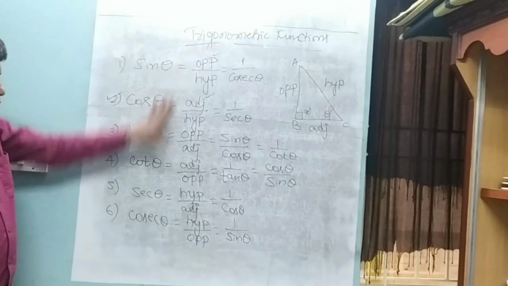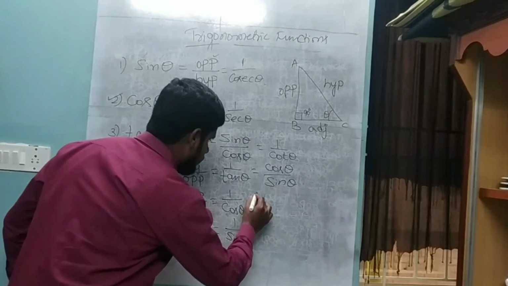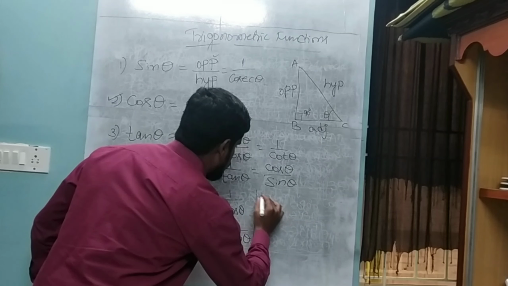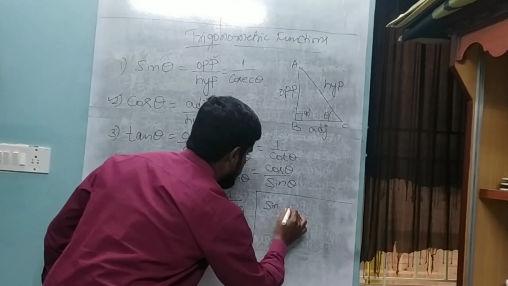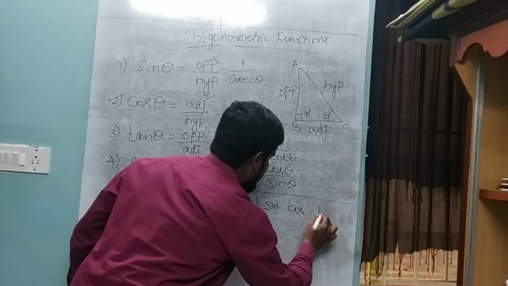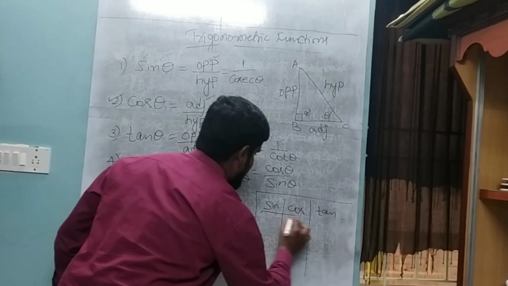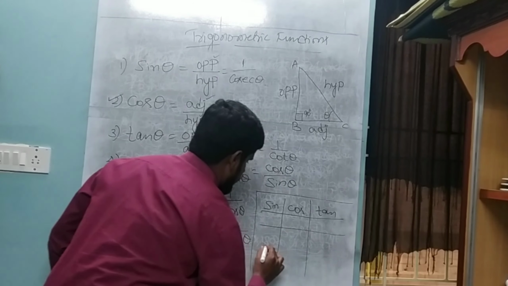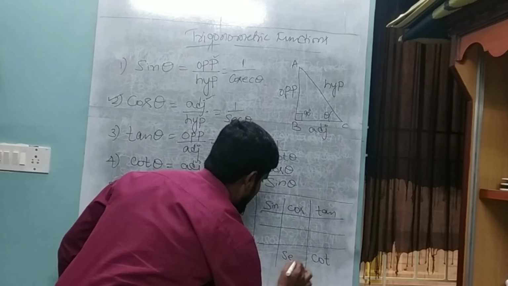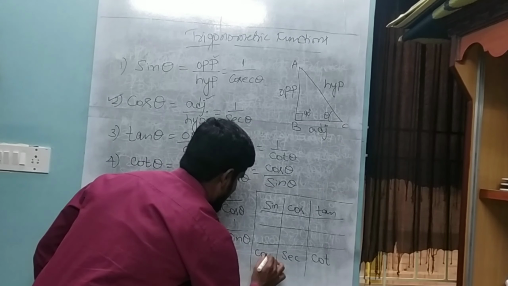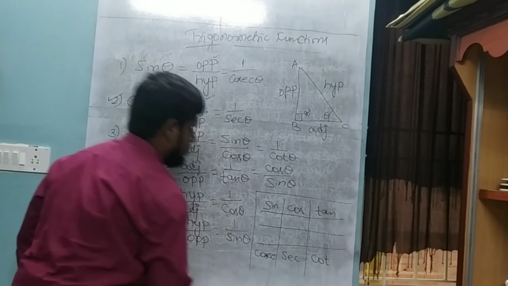And student, in shortcut, these definitions we can write like this also to be memorized easily. So I will write it here. Student, here sin, cos, tan, this one is cot, secant, this is cosec.